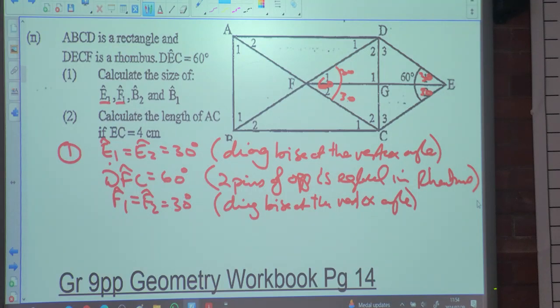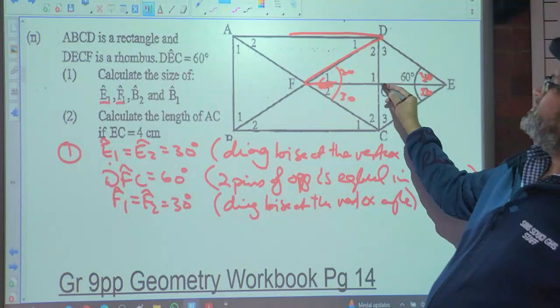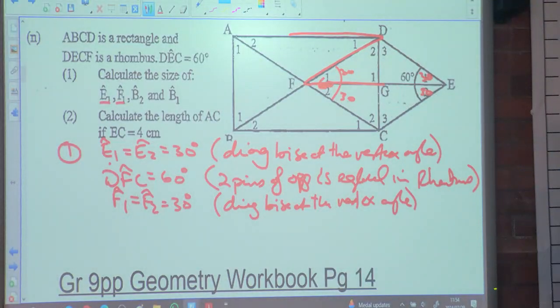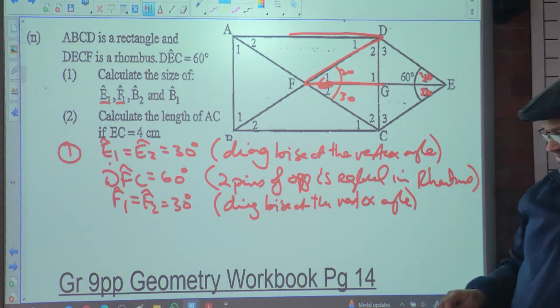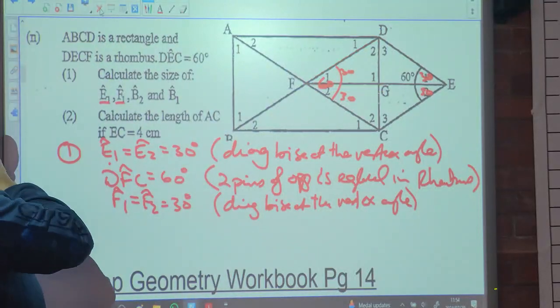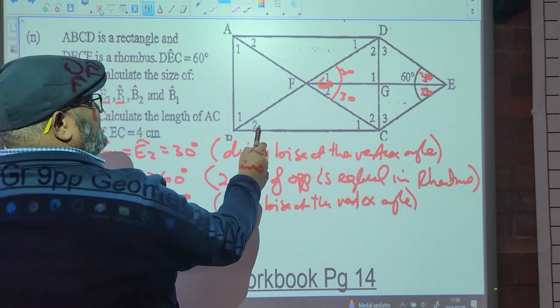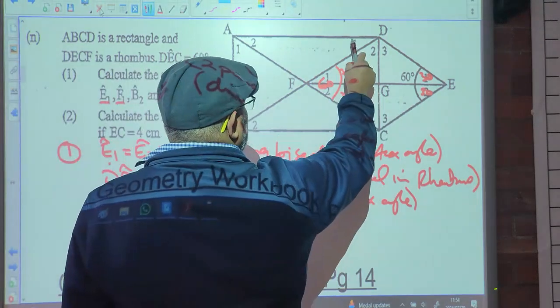So alternative? F1. Nice, beautiful. Alright, so when we start, we need to end up at B2. So we need D1 first.